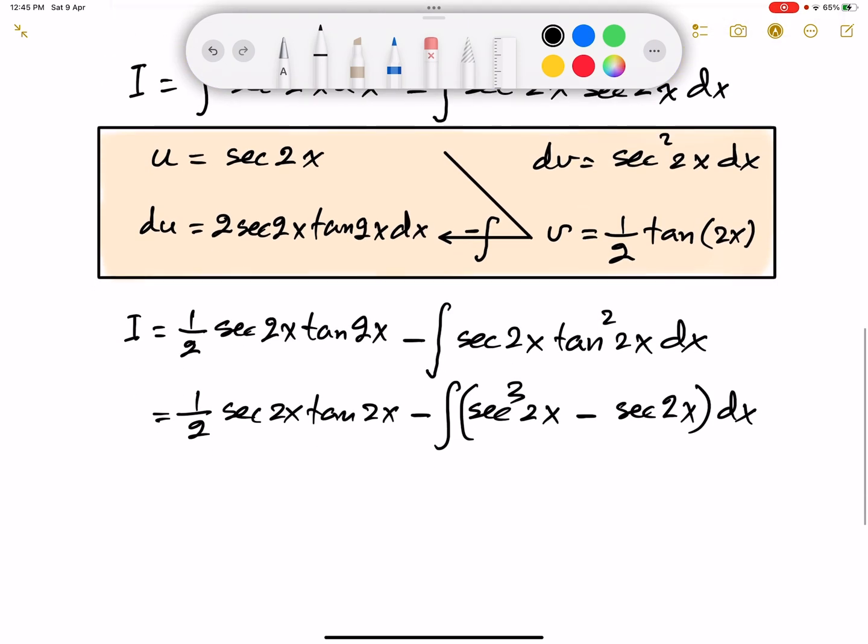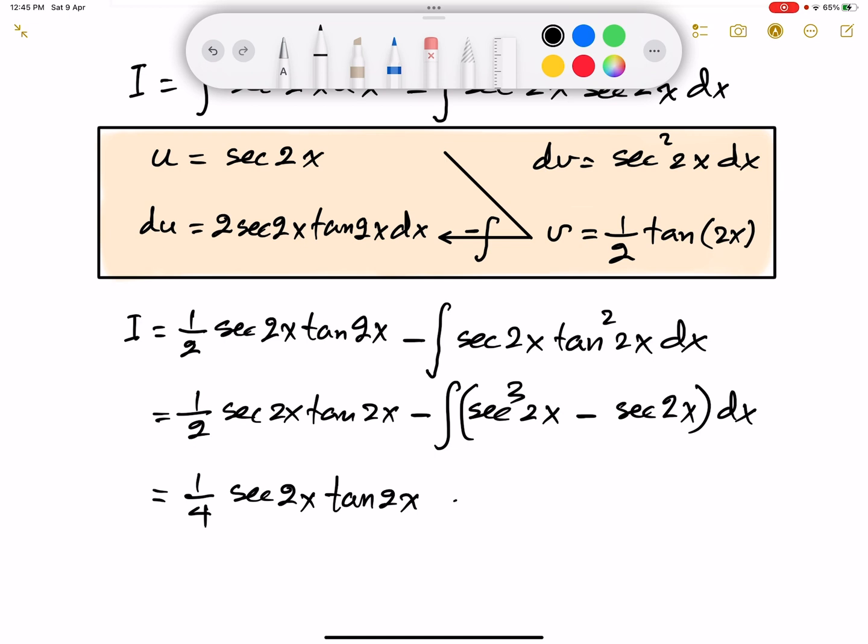If you notice, the first term of the second integral is going to give us the same integral that we started with, which is secant cube. So that can be moved to the other side, and then we can divide to get the value of I. We're going to get 2I on the left hand side. So to get the value of I, we need to multiply by half again. So that's going to give us 1/4 here, secant twice x tangent twice x.